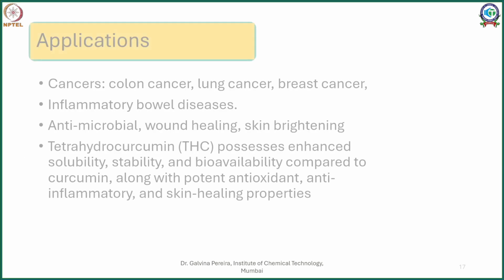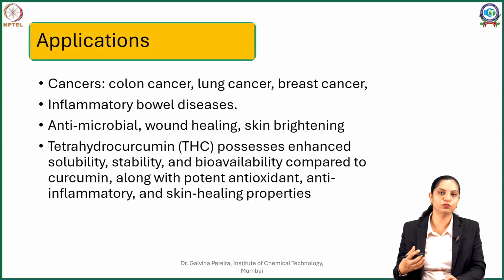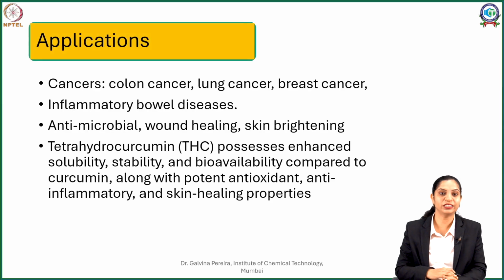It is a little less in terms of therapeutic qualities as compared to curcumin, but nonetheless has no staining properties. In addition to less color, it has enhanced solubility, stability and bioavailability compared to your curcumin. And yes, it has potent antioxidant and anti-inflammatory properties, and it can be used for skin healing purposes.